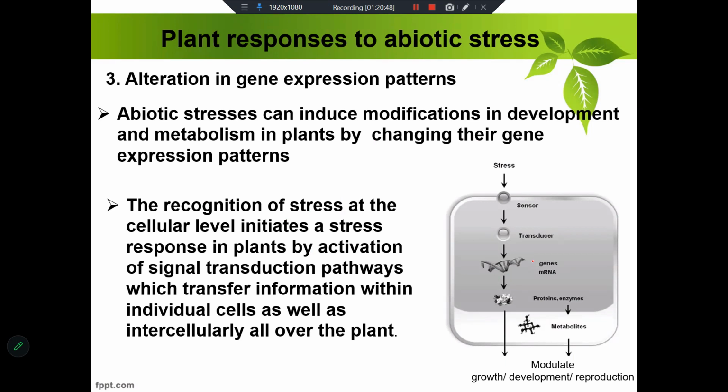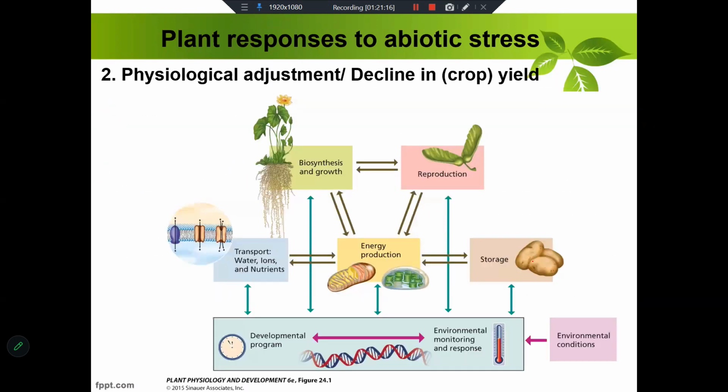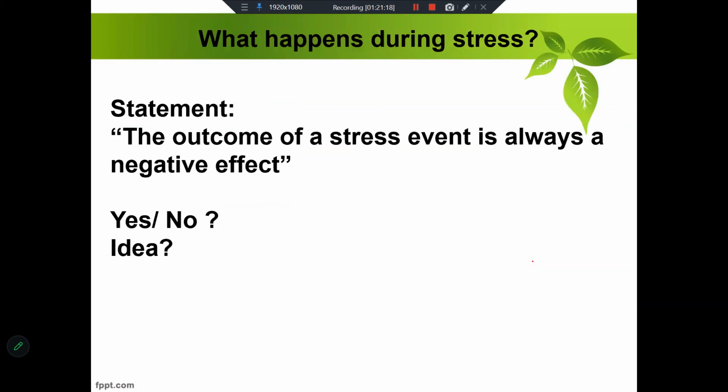All these decisions will be taken by different gene expression patterns going on in the cell. So on the cellular level, plants can alter their gene expression patterns and then they can adjust, or they can decide to die. That is the third way of plant response to abiotic stress. Those are the three different ways of responding to abiotic stress factors.